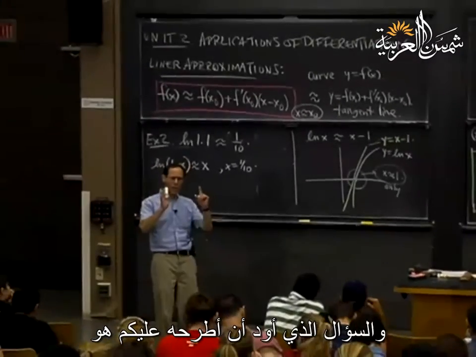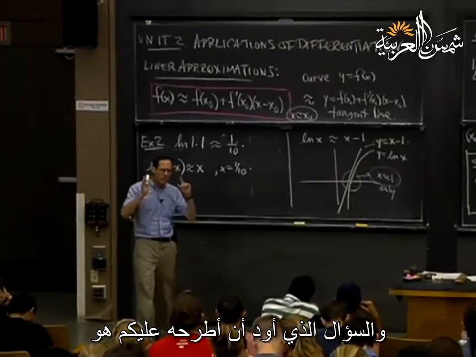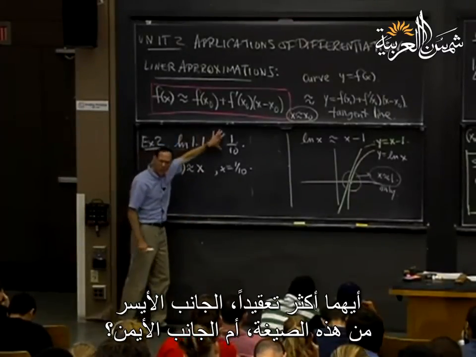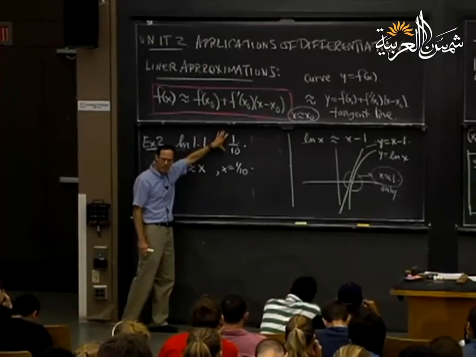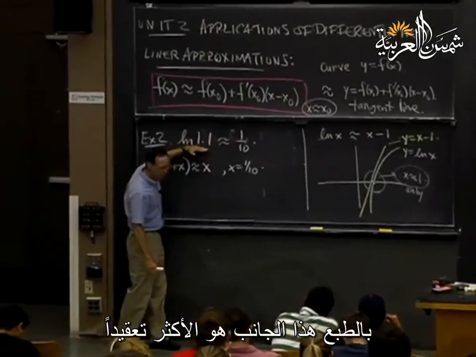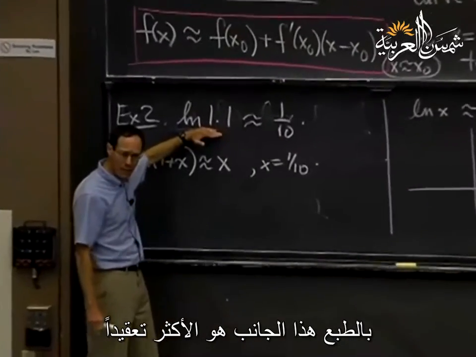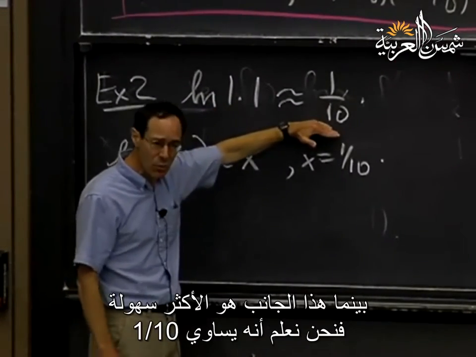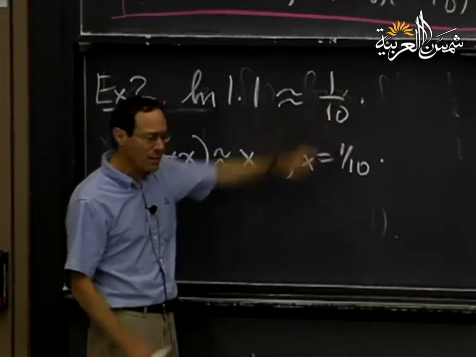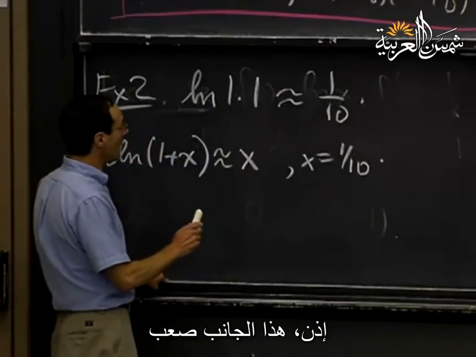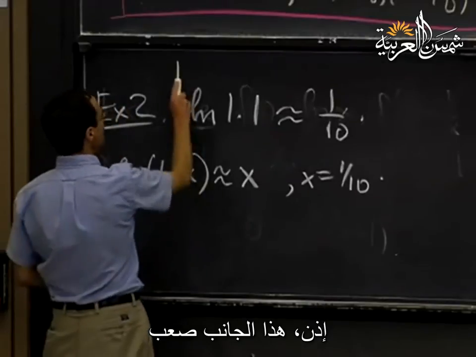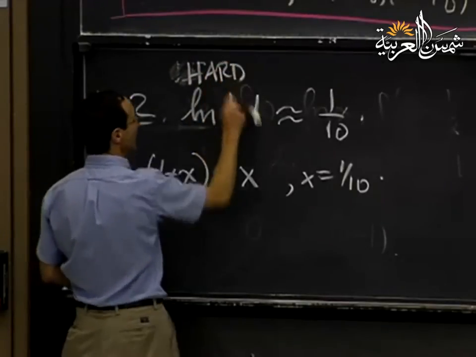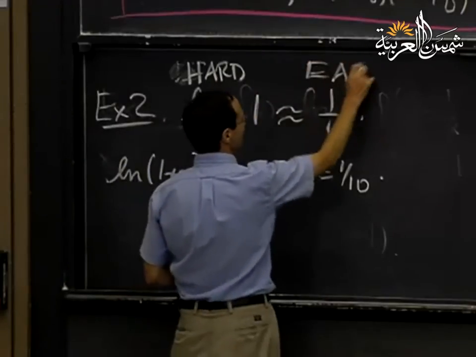So the first question that I want to ask you is, which do you think is a more complicated thing? The left-hand side or the right-hand side? I claim that this is a more complicated thing. You'd have to go to a calculator to punch out and figure out what this thing is. This is easy. You know what a tenth is. So this is hard, and this is easy.